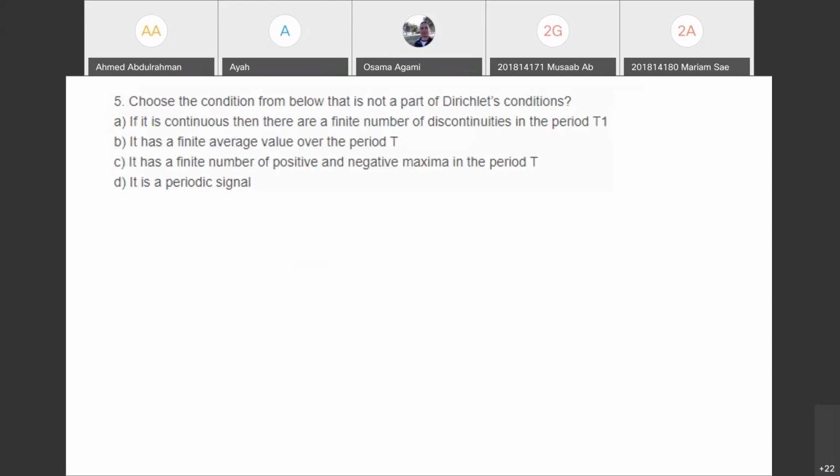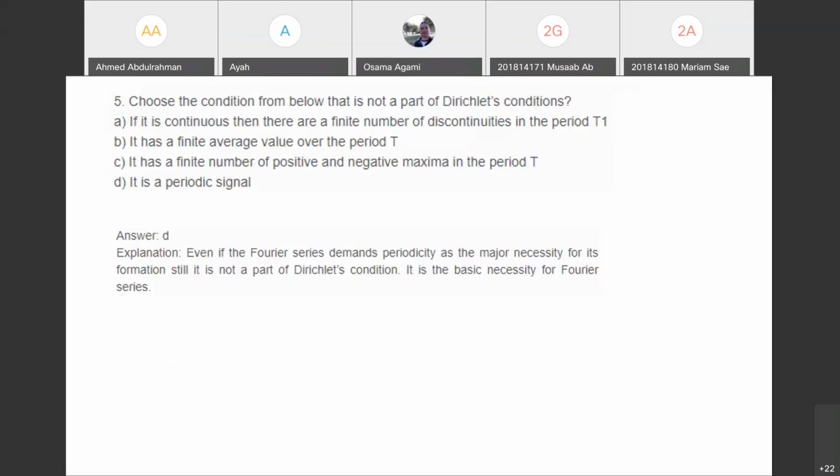Remember the question: choose the condition that is not a part of the Dirichlet conditions. So it will be what? Periodic, right? Because periodic is the essential one for Fourier, but not for Dirichlet, because Dirichlet came after Fourier. Okay, so it is this one.